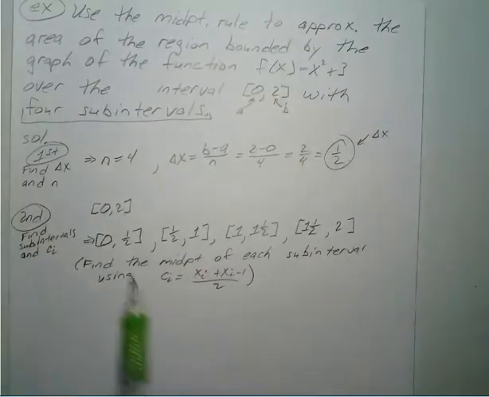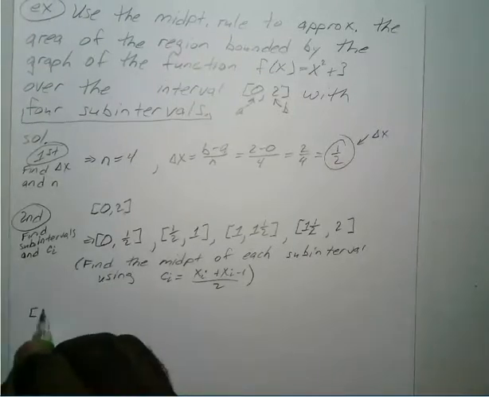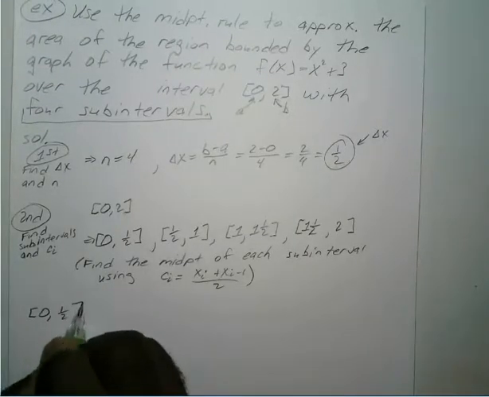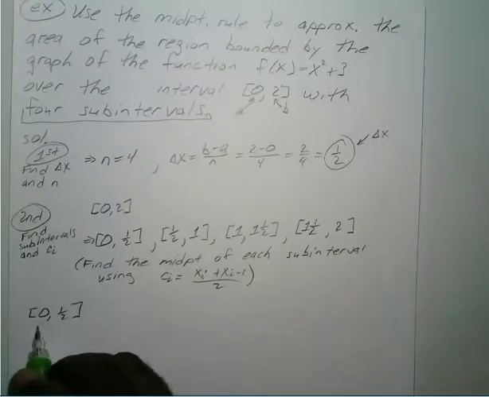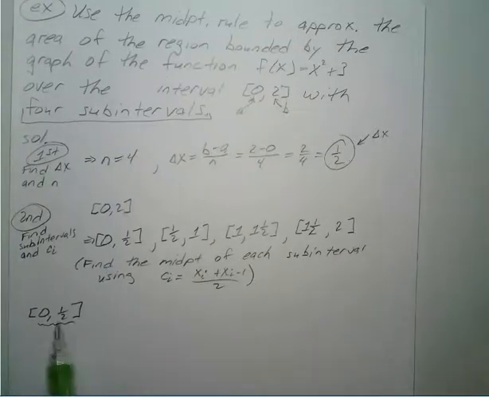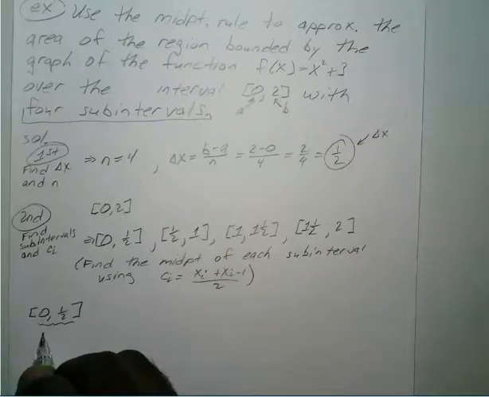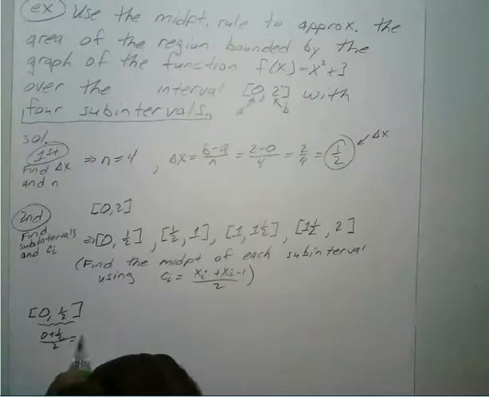We start with our first one, 0 to 1/2. We add those two together because remember that's our x sub i and our x sub i minus 1. So we have 0 plus 1/2 divided by 2, which is 1/4.